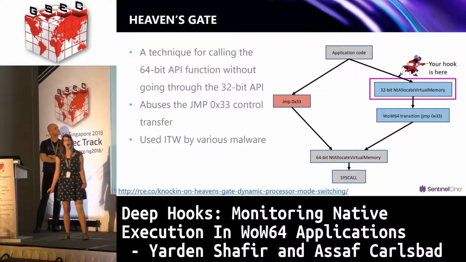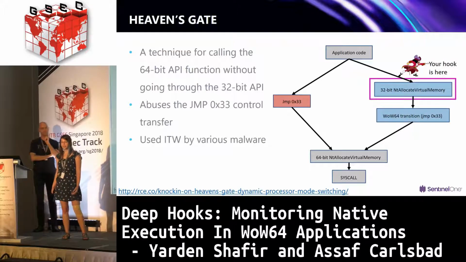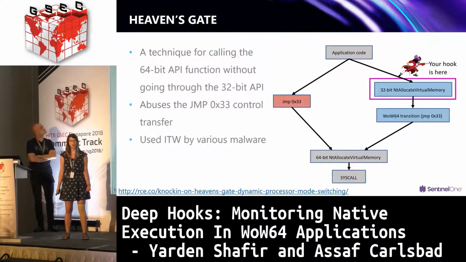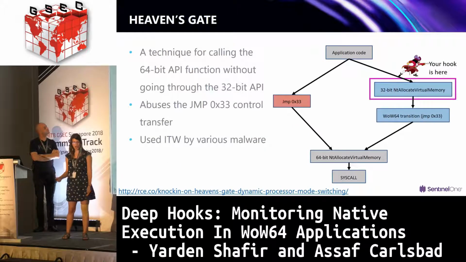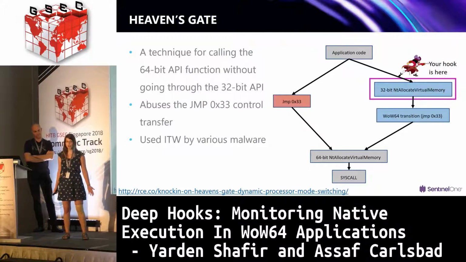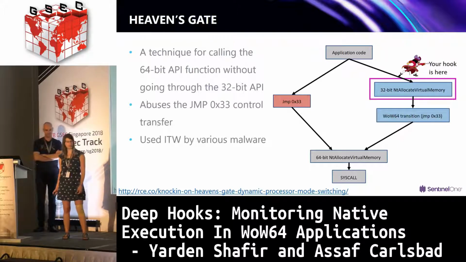This technique makes the system call by calling directly to the 64-bit API function without going through the whole process we saw here. It does that by using the far jump or a similar instruction to transition itself from 32-bit to 64-bit mode, making all of the required adjustments and calling the 64-bit API function.